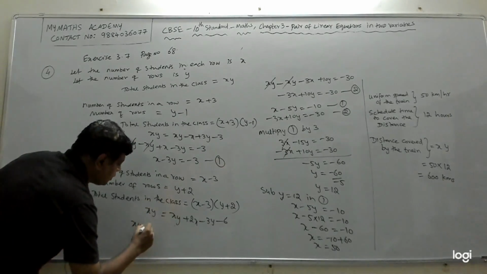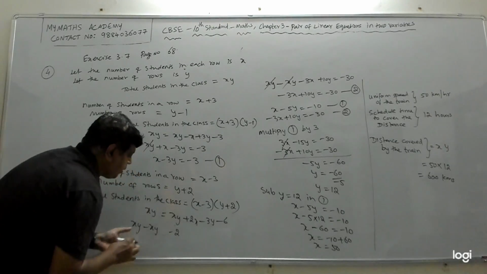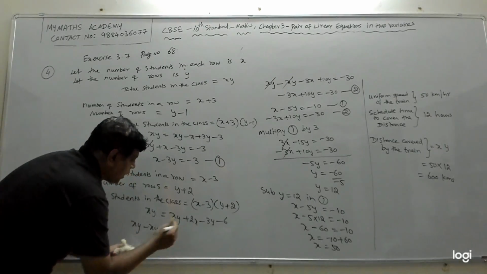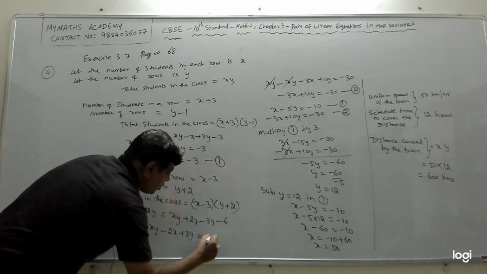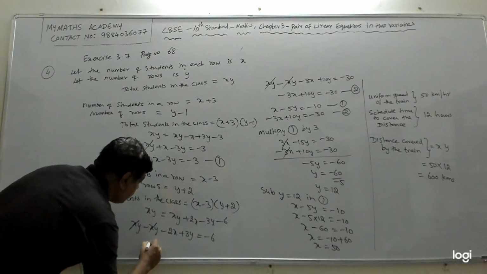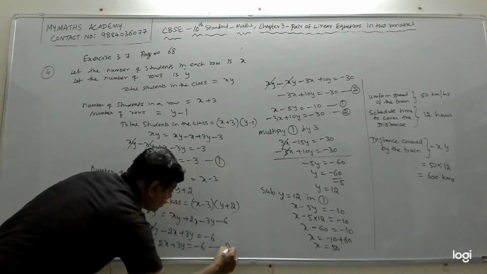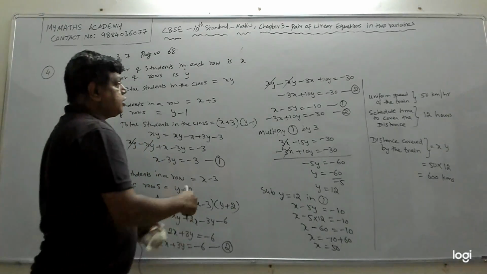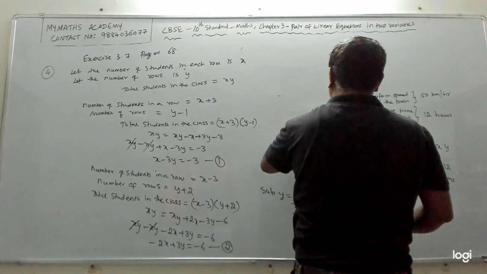This xy comes here, minus xy equals minus xy, then 2x also comes this side, minus 2x plus 3y equals minus 6. So these two will get cancelled. We will have minus 2x plus 3y equals minus 6. This is equation 2. Now let's take these two equations and solve. So what is our equation 1?